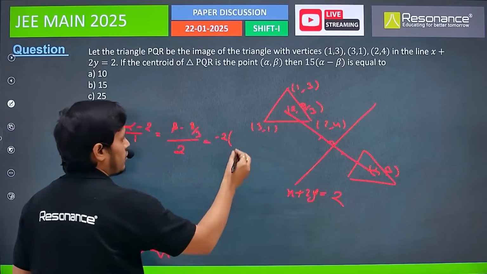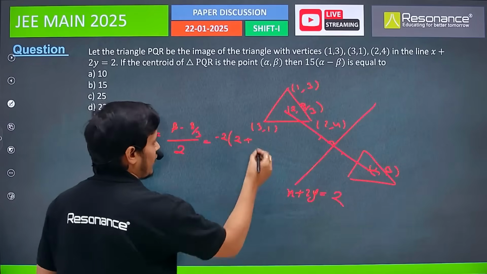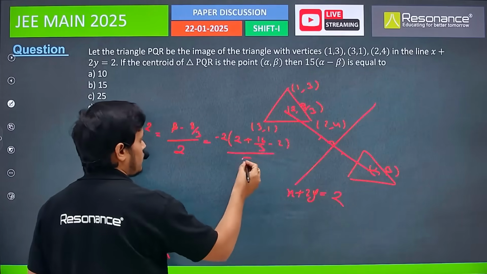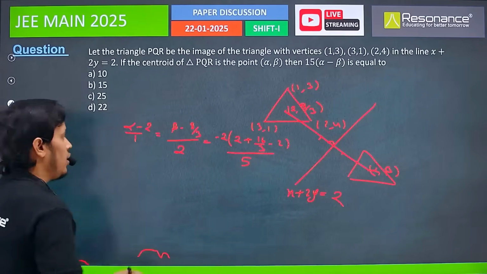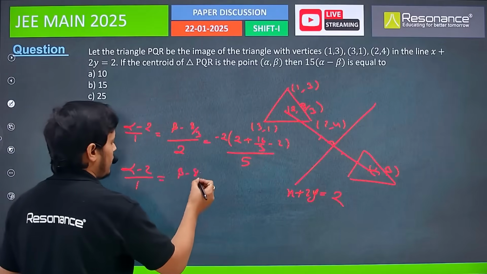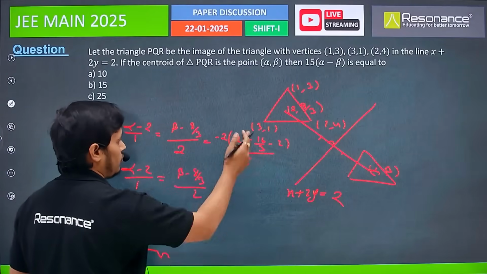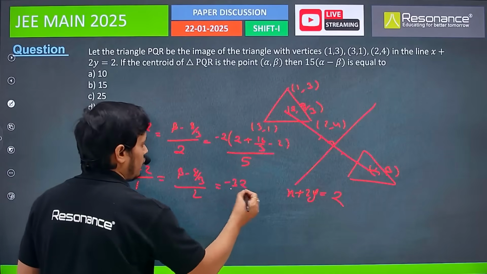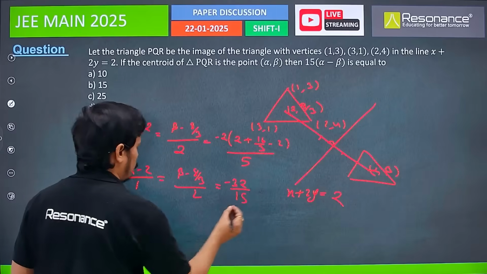Put the point in the equation: 2 + 2y, that is 16/3 − 2, divided by a² + b², that is 5. Okay, so (alpha − 2)/1 = (beta − 8/3)/2 = −2 × (...)/5, the 2 cancels, this gives −32/15.